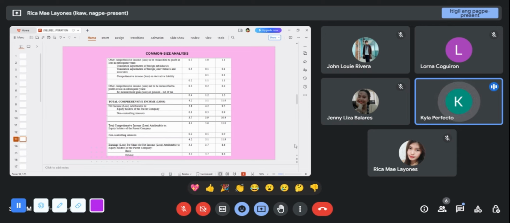Other comprehensive income loss not to be reclassified to profit or loss in subsequent years. Remeasurements gain loss on pension net of tax. We have 0.2 in 2022. Also, we have 0.2 in 2021 and 0.4 for 2020.